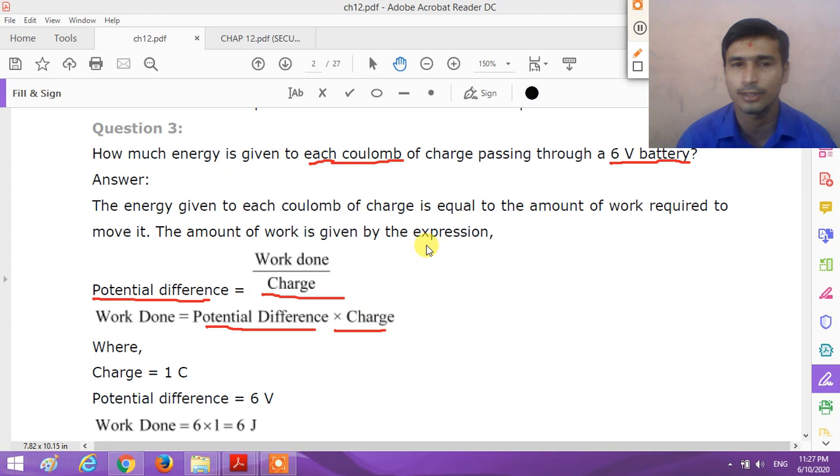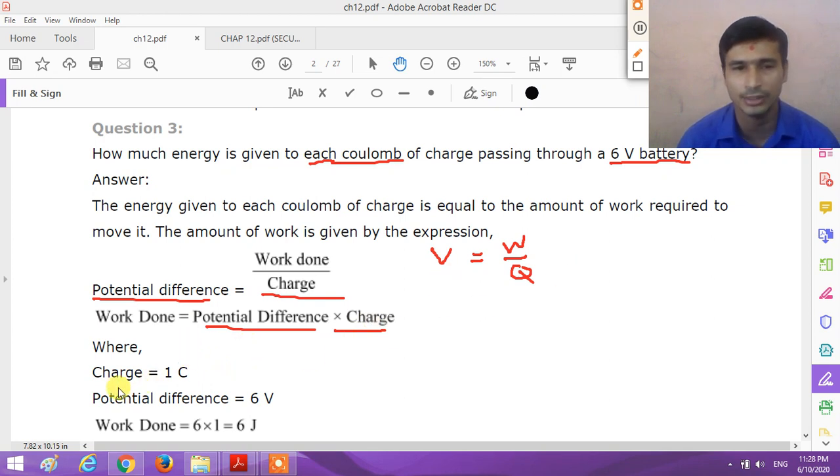We can also write potential V is equal to W divided by Q. So W is the amount of work done, and it is equal to the energy given with the help of the battery.